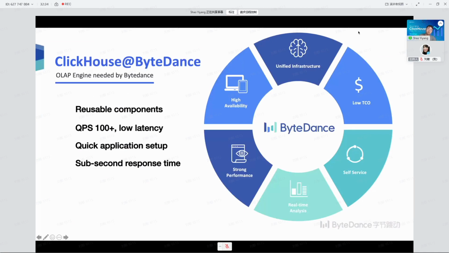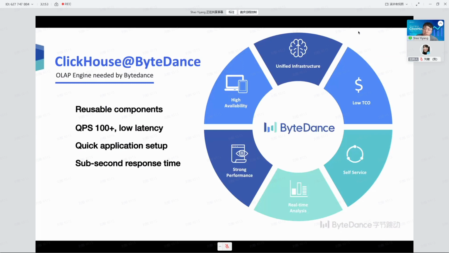So that's why we started to adopt ClickHouse at ByteDance. Because at ByteDance, from the beginning, we wanted an OLAP engine which is a reusable component that can be shared among all different data applications and business lines.